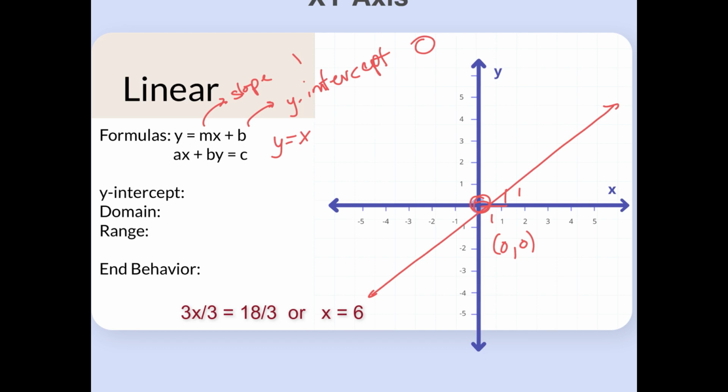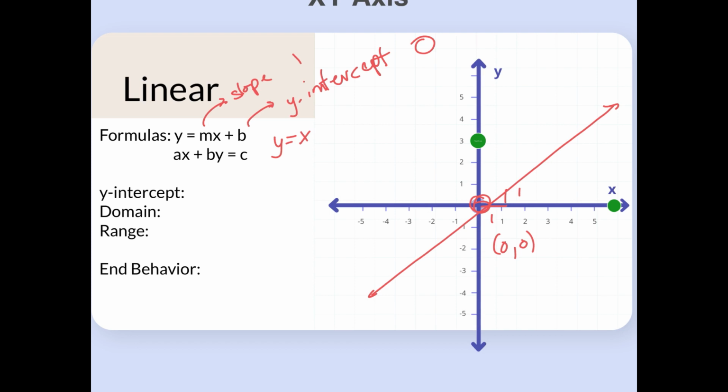And so for this particular line, it would plot the point at 6 for x. Let's do a slightly different color, and let's say it's there. And then for my y, I would get y equals 3 when I divide the 18 by 6. So then I would plot it up here, and then I could connect those dots.